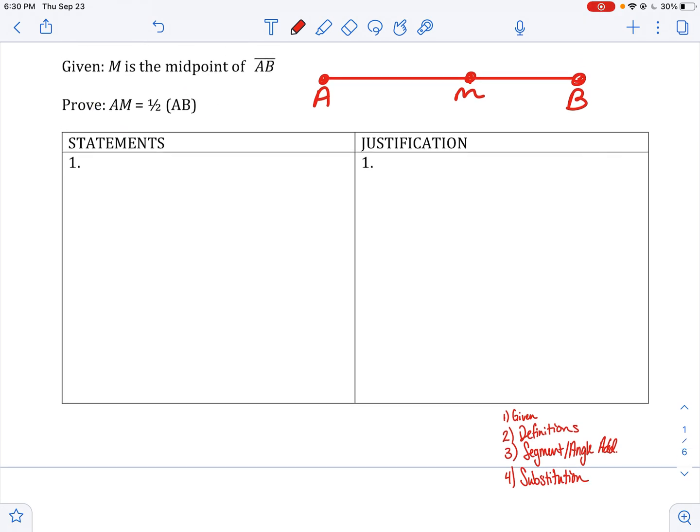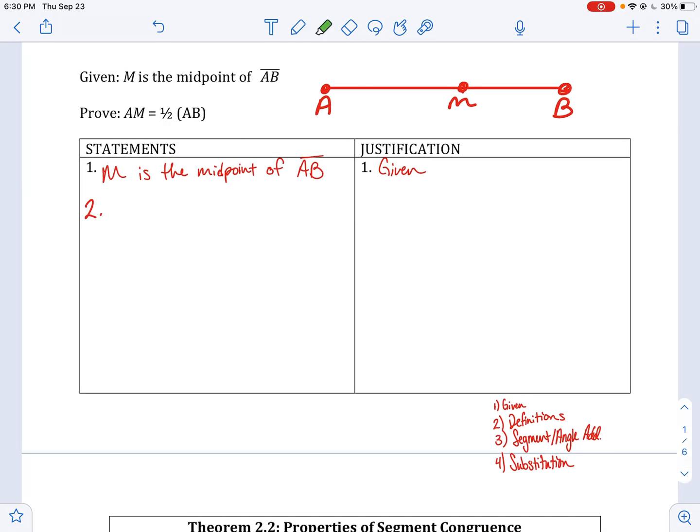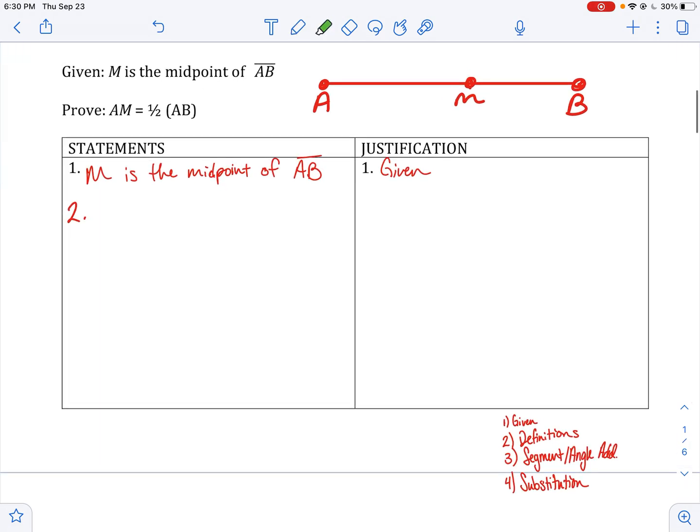In this case, I want to prove that AM is equal to 1/2 AB. I want to start with M is the midpoint of AB. That's given. And then I'm going to look for my definitions. Are there any vocabulary words in the given statement? Well, yeah, midpoint.